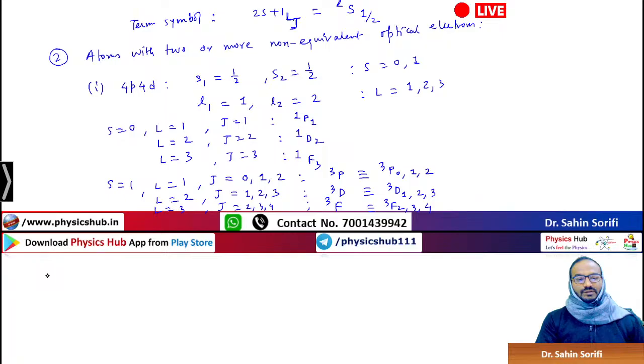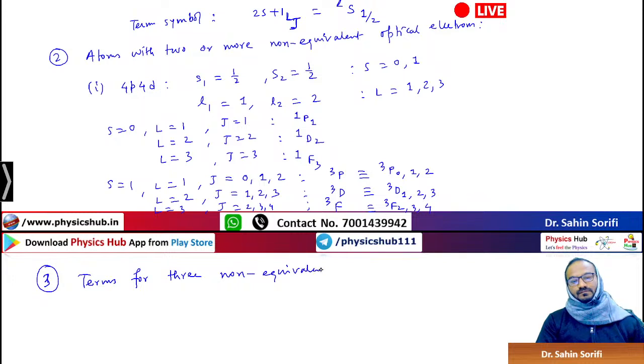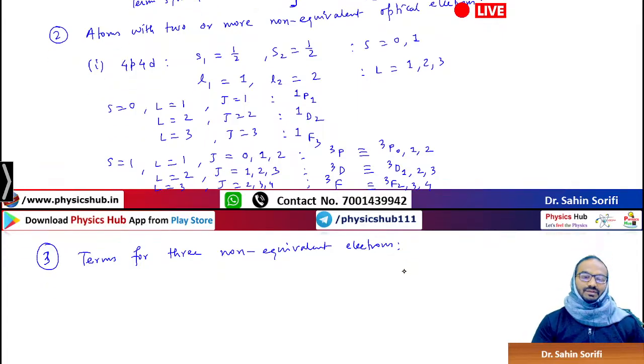Now the third possible case is terms for 3 non-equivalent electrons. Actually, this is the second part of the second case.